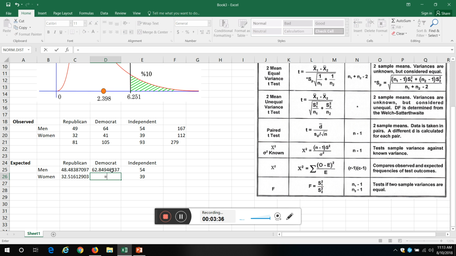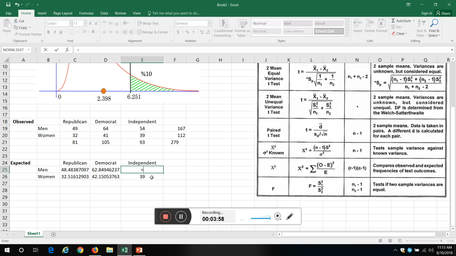And let's get the women. Women. Okay. Again, I check as it adds up to 105.